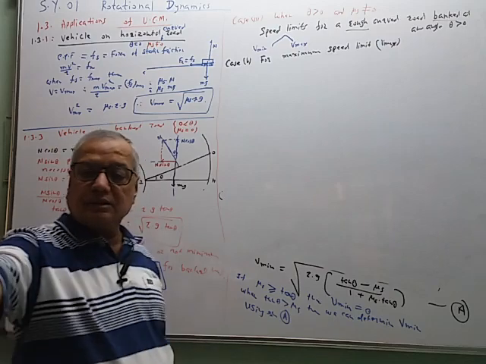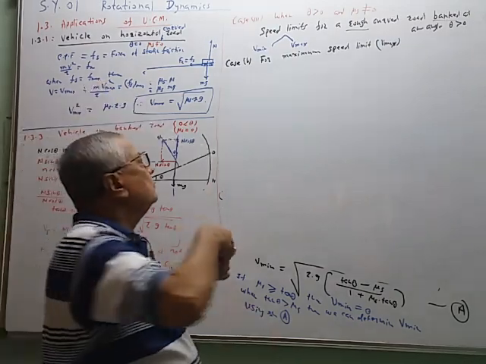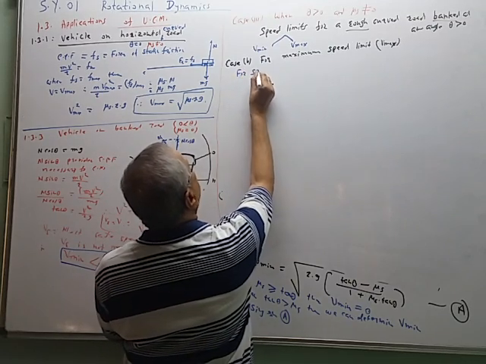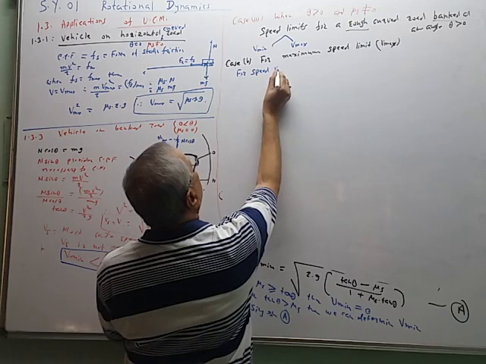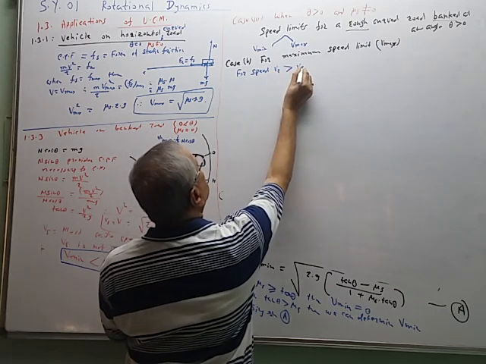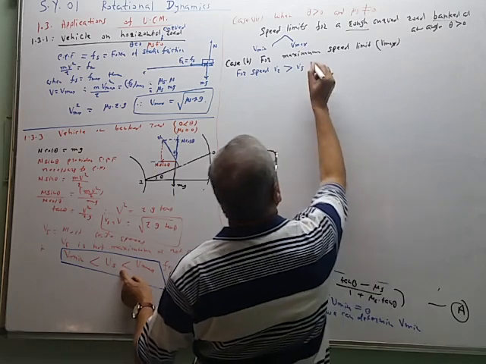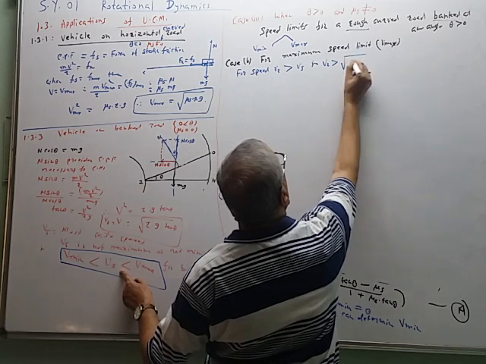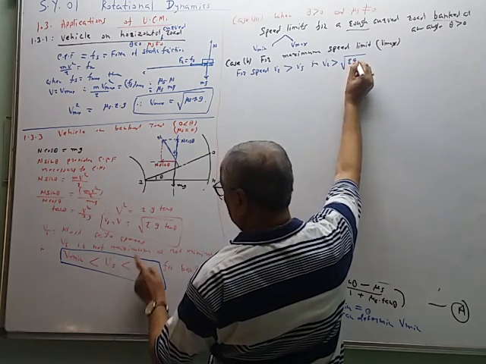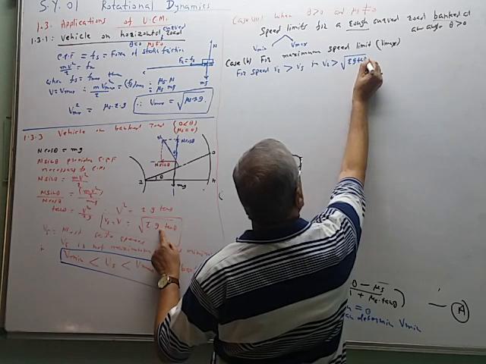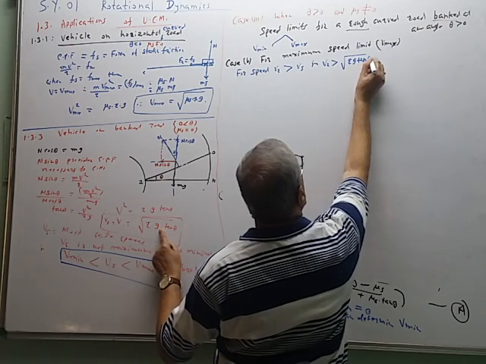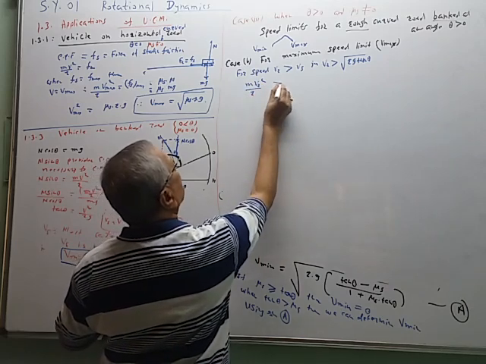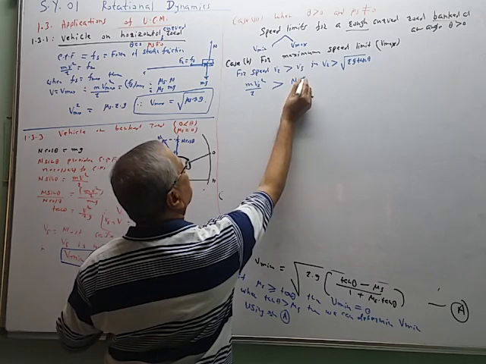So here we will consider the speed V2 greater than Vs, that is V2 greater than under root R g tan theta. m V2 square upon R will be now greater than n sin theta.